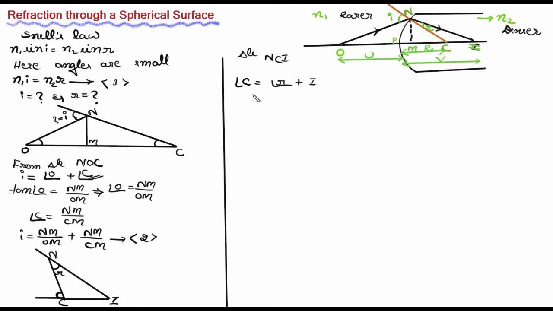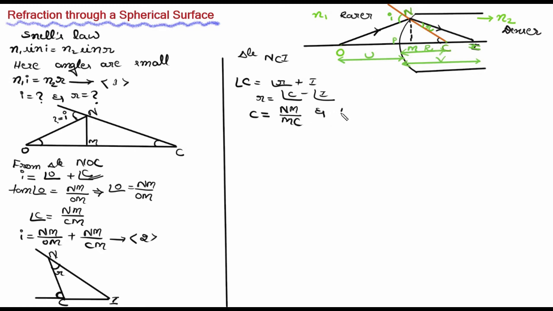Okay. Now, let's rearrange this because we need to know the value of R. R will be equal to angle C minus angle I. From these right angle triangles, let us calculate angle C and angle I. Angle C will be equal to NM divided by MC. Observe here, this is angle C. For this angle, NM is the opposite side, MC is the adjacent side.